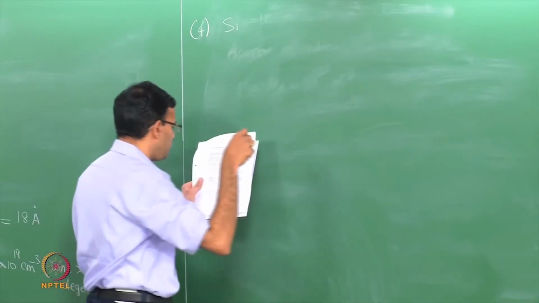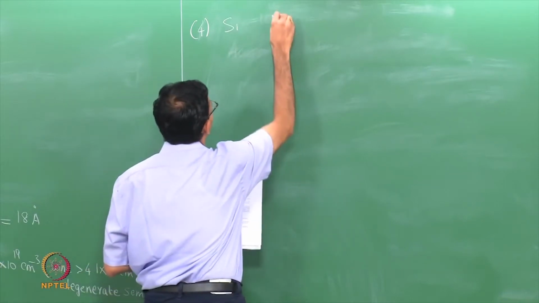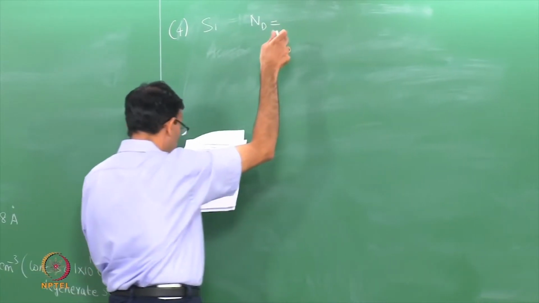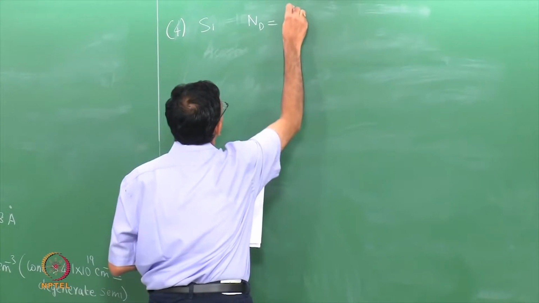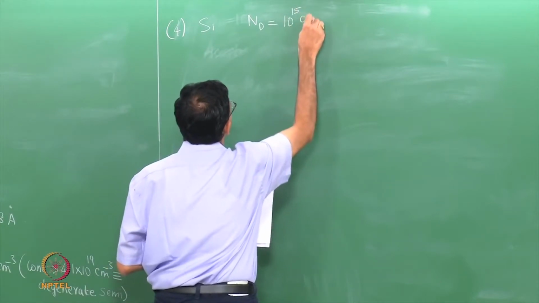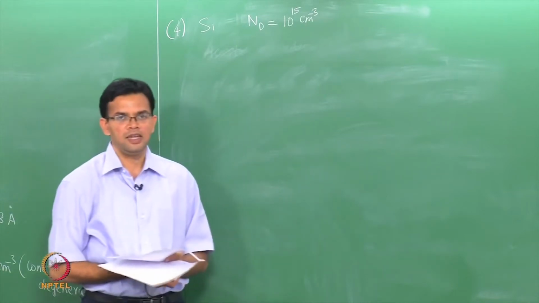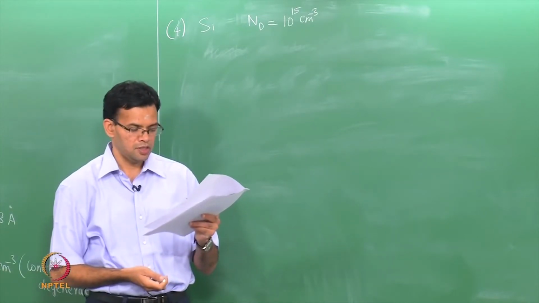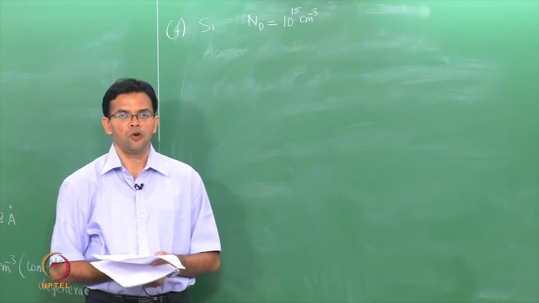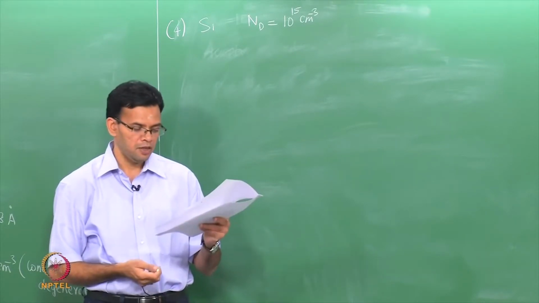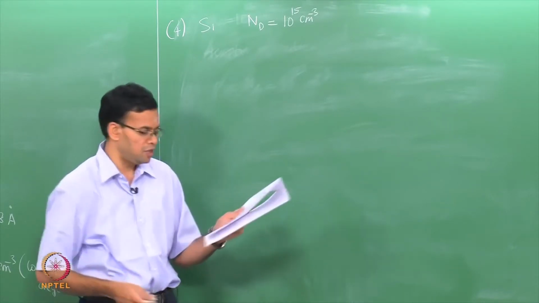With 10 to the 15 phosphorus atoms. Phosphorus is a donor, so Nd is 10 to the 15 per centimeter cubed. The donor energy level for phosphorus in silicon is 0.045 eV below the conduction band edge.